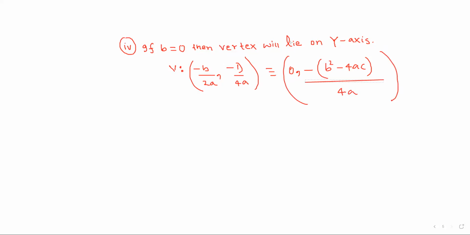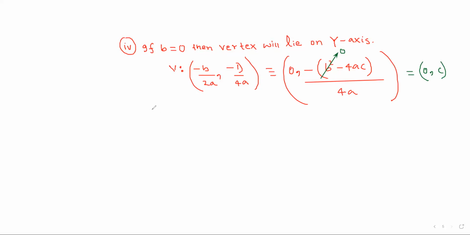My dear students, what you observe, b is 0, so b square will be 0, this term will be 0. So 4 to 4 cancel, and we get 0 comma c. So if b is equal to 0, the vertex will lie on the y-axis.